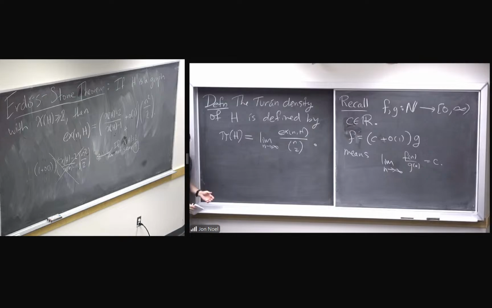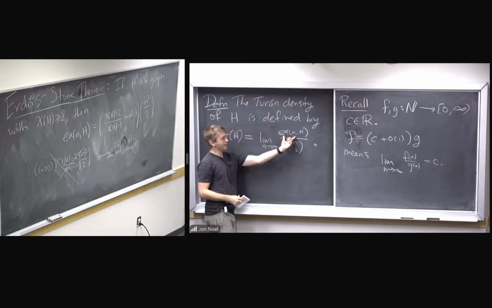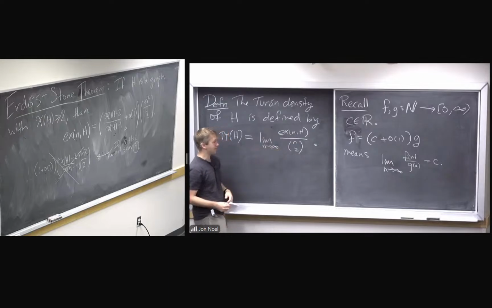To be clear what this is measuring, this fraction is a natural thing to look at, right? Because I've got the max edges in an H-free graph, the extremal number, and I'm thinking of that as a percentage of the total number of edges in a complete graph, which is the maximum in any graph on n vertices. So I'm just taking that limit as n goes to infinity.